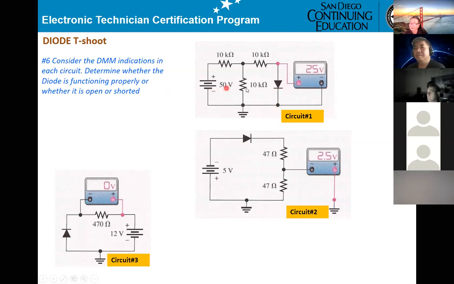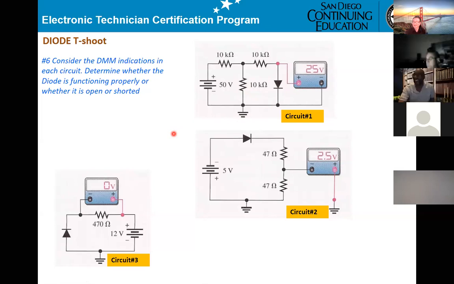Only number 6, I want to see who can tell me what you think. I measure right here, I get 25 volts. Any problem with the diode, open or shorted? Open. Sure, it's 50-50, right?